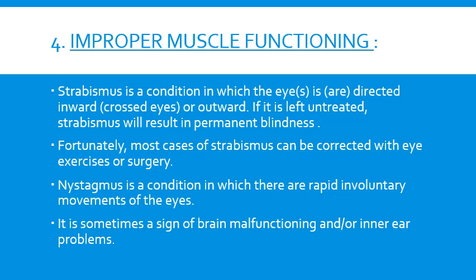Strabismus is a condition in which the eye or eyes are directed inward or outward. If it is left untreated, strabismus will result in permanent blindness because the brain will eventually reject signals from a deviating eye. Fortunately, most cases of strabismus can be corrected with eye exercise or surgery.